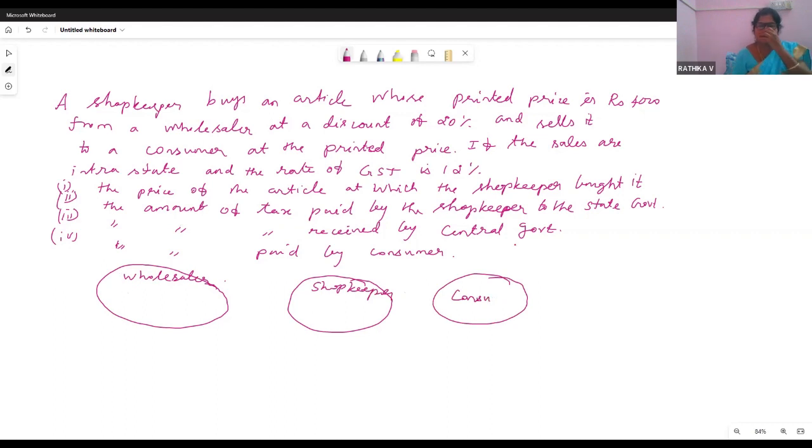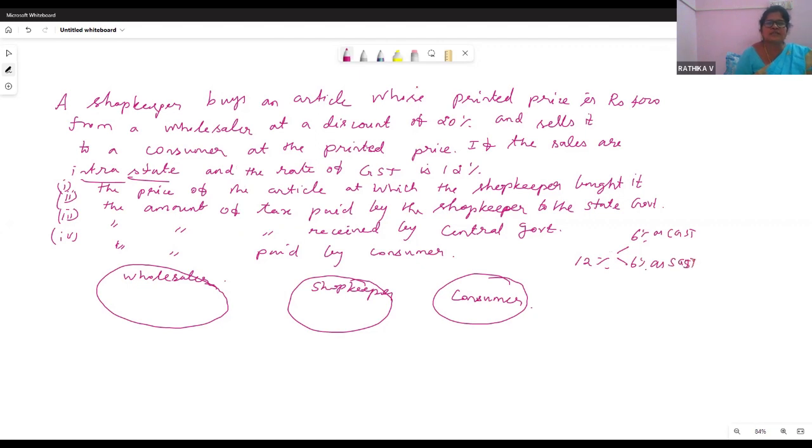Wholesaler, this is intrastate. So first I'm noting whether it is intrastate or interstate. Intrastate means within the state. So this 12% is divided: 6% as CGST and 6% as SGST.